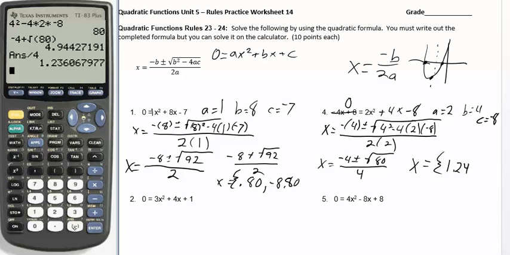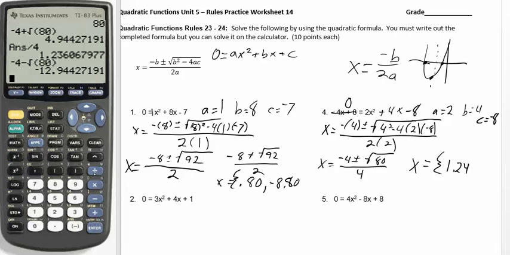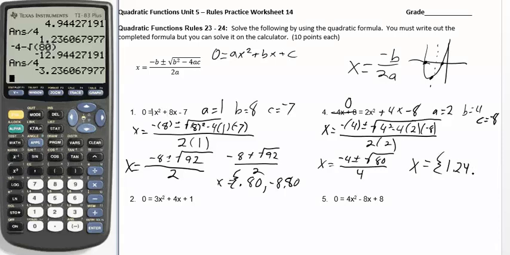Then I'm going to do negative 4 minus the square root of 80. Hit enter and then divide by 4. And I get negative 3.24 when I round it.